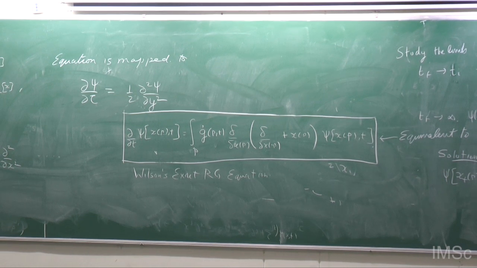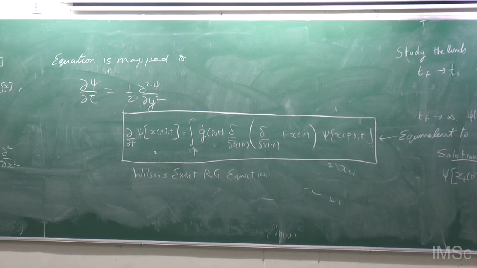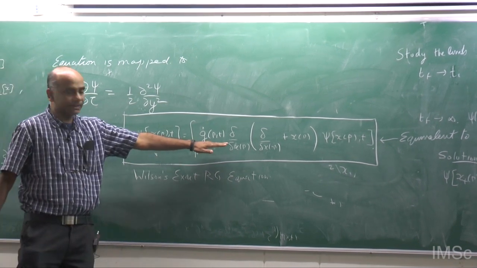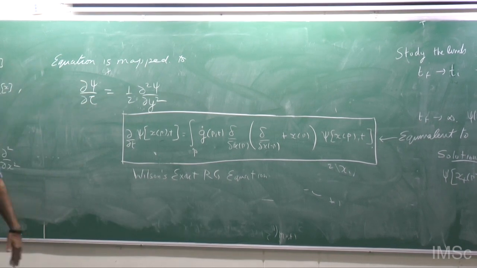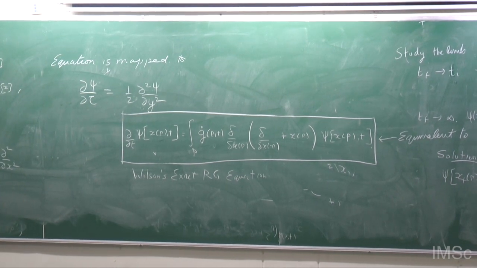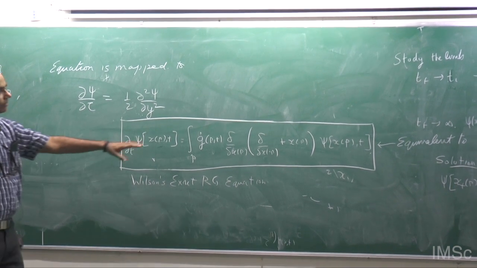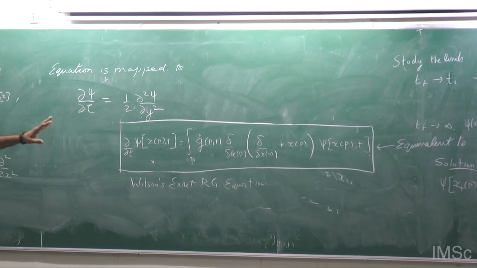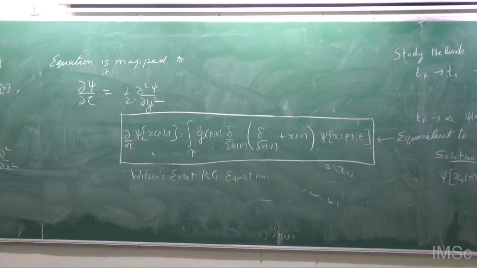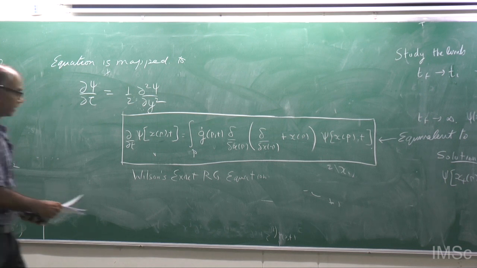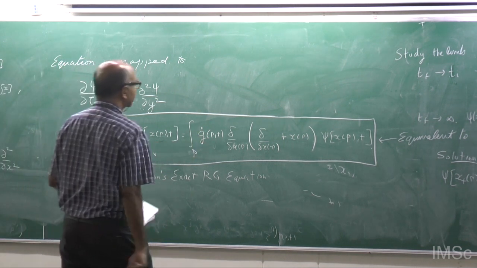So we will deal with other equations of this type, but to solve it you realize it's a functional equation, so it's actually a collection of an infinite number of ordinary differential equations or partial differential equations, and you can make various approximation schemes to solve this. Okay. So this is just a quick introduction. This is a quick derivation of Wilson's equation.